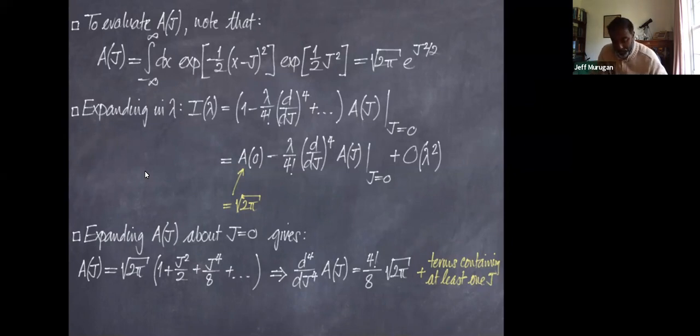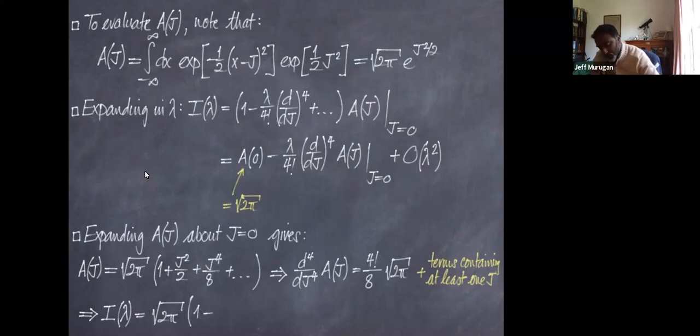So if we do what I said, it follows then that the integral that we want, I of lambda, is equal to the square root of 2 pi times 1 minus lambda over 8 plus higher order terms, which I haven't corrected for.